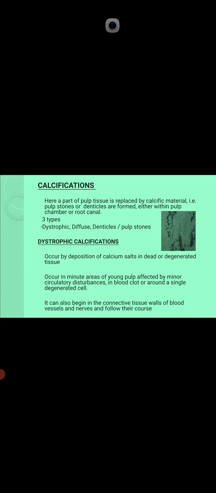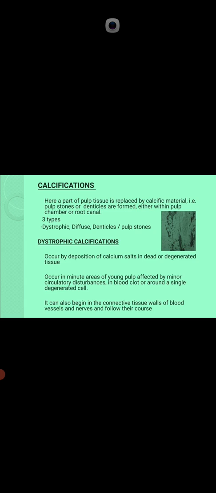When we open the pulp chamber, there will be a pulp stone in the chamber, and there will be difficulty finding the canal. Next, in the root canal there may be calcification. As a result, there will be resistance while we are entering the file.